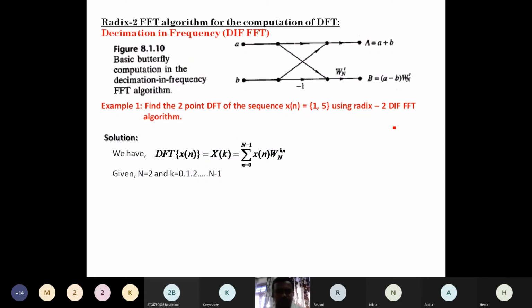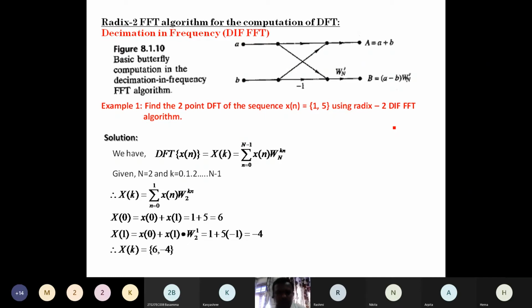We have the DFT of x of n given by capital X of k, which according to the Fourier transform is the summation from n equal to 0 to capital N minus 1 of x of n into the twiddle factor. Here N is 2 and k ranges from 0 to N minus 1. So X of k is the summation from n equal to 0 to 1 of x of n W to the power kn.